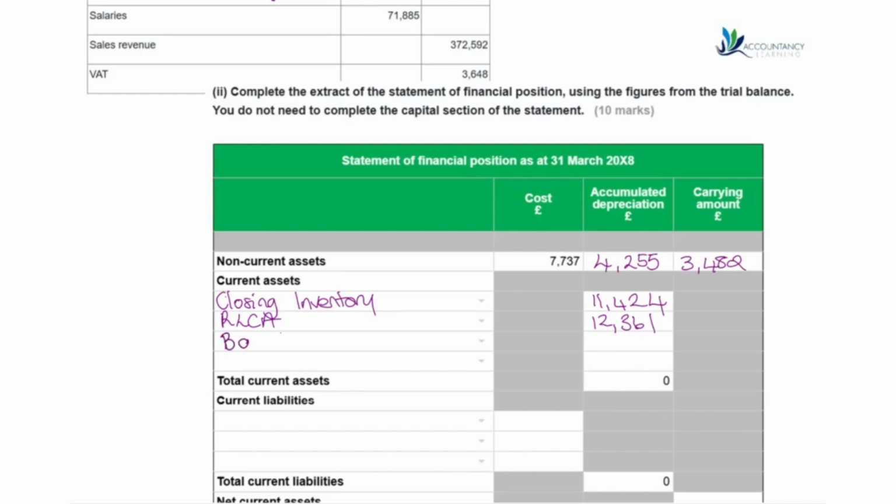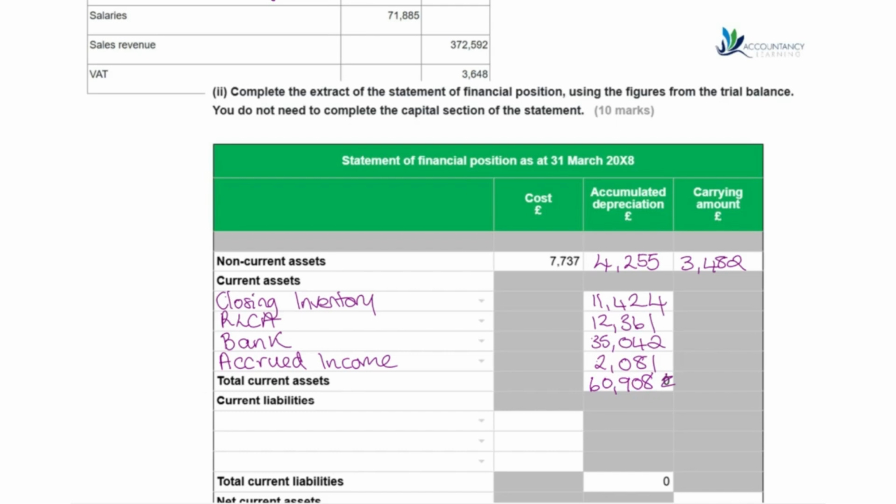The bank, 35,042. And then finally, accrued income is 2,081. And then in the exam, this will have auto summed to 60,908.